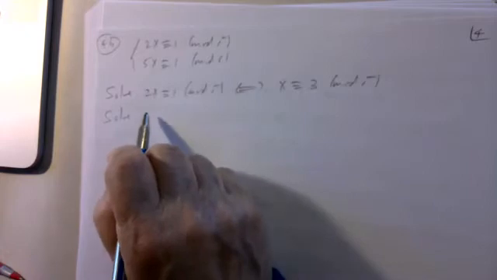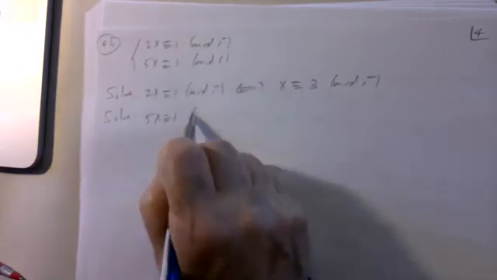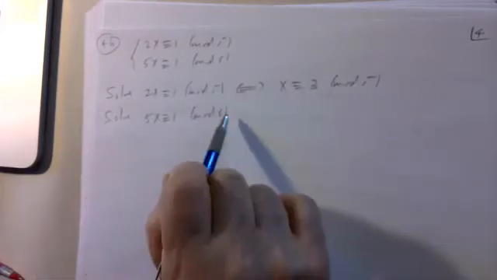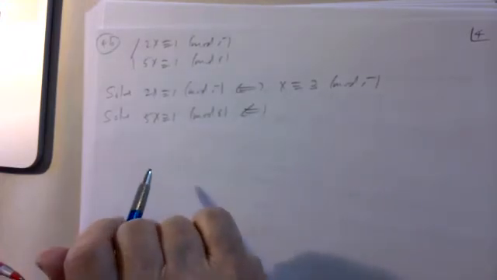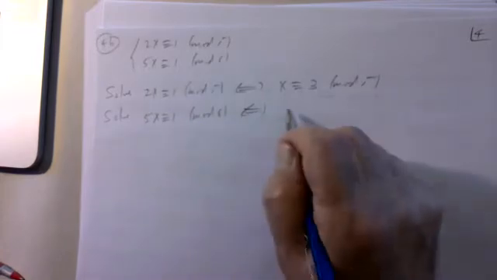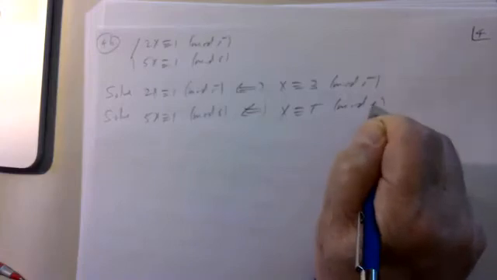And we have to solve also the second congruence, 5x congruent to 1 mod 6. And 5 and 6 relatively prime means this has a unique solution mod 6. And you can check that x congruent to 5 mod 6 works, and so that's the only solution.